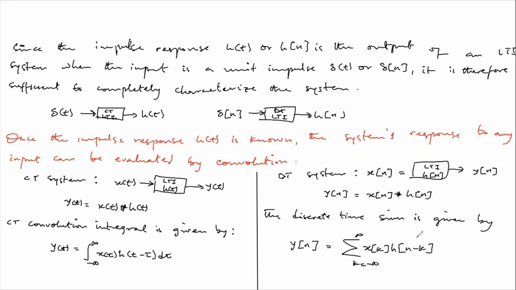So here you will note that convolution produces an output that is the sum of the scaled and shifted impulse responses. Okay, so we have the scaled and the shifted response here.